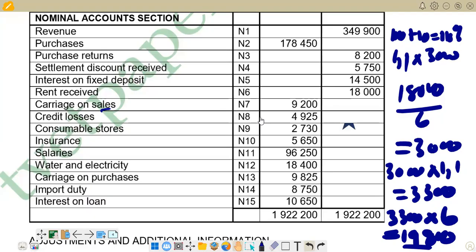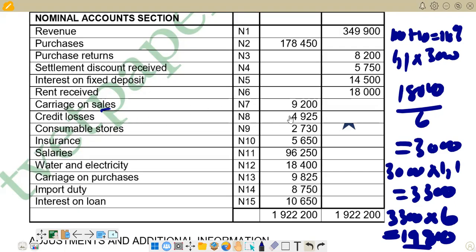Those are customers that we sold goods to on credit and that are no longer able to pay us for many reasons. So we write them off. For example, the person has gone out of the country, or the person has died, so we write that person off in terms of the amount that person is supposed to pay. Those are the credit losses.